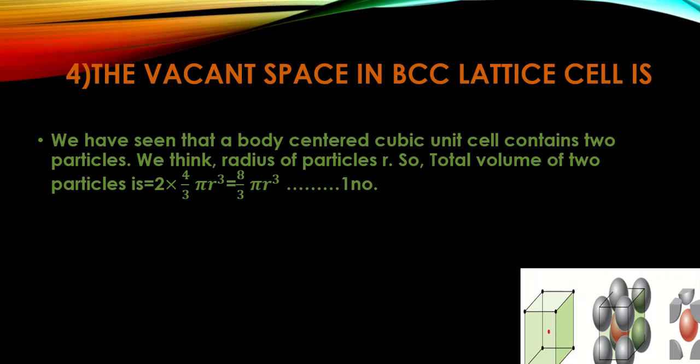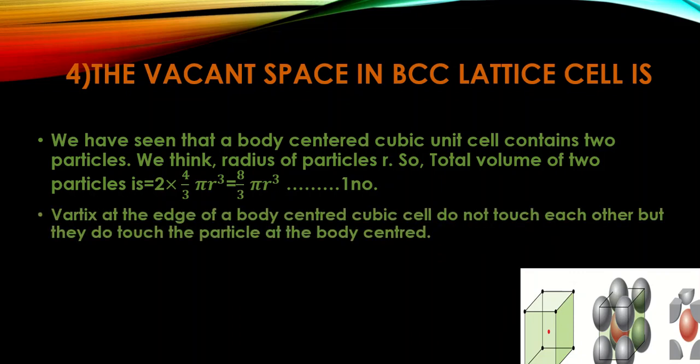Then the total volume of the particles is 2 into 4 by 3 pi r cube is equal to 8 by 3 pi r cube. That is equation number 1.